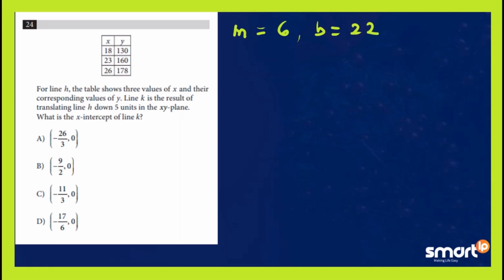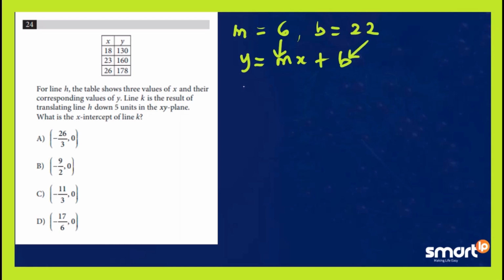So we are going to put these two values into the equation of line formula, which is y equals mx plus b. Anywhere you see m, you're going to put 6, and anywhere you see b, you're going to put 22.